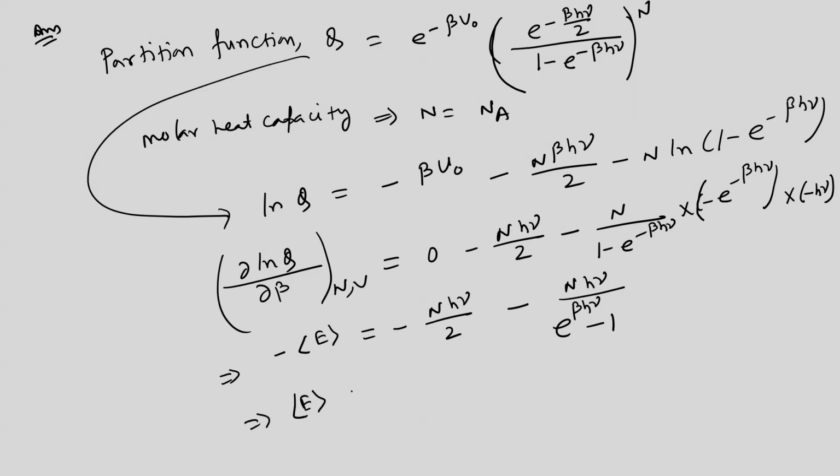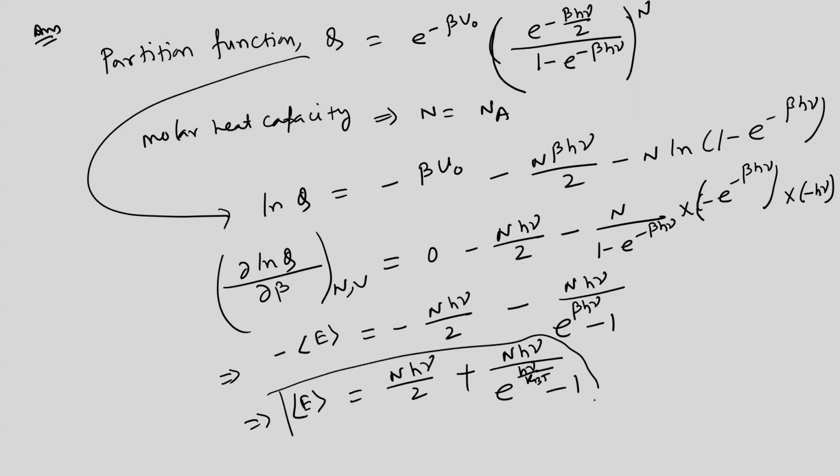So, we get E average is n h nu by 2 plus n h nu by e to the h nu by k_B T minus 1. So, this is the expression for average energy.